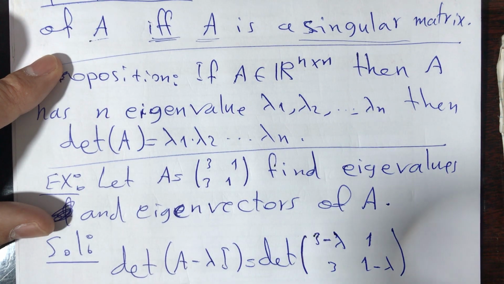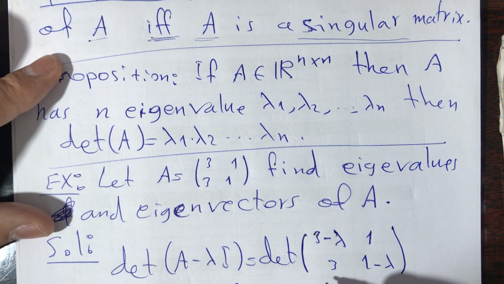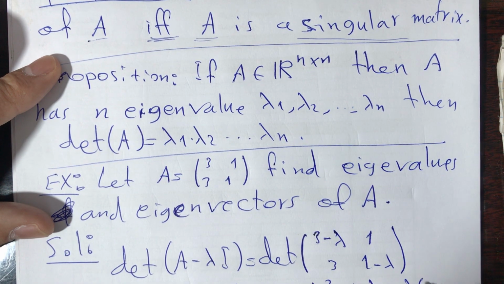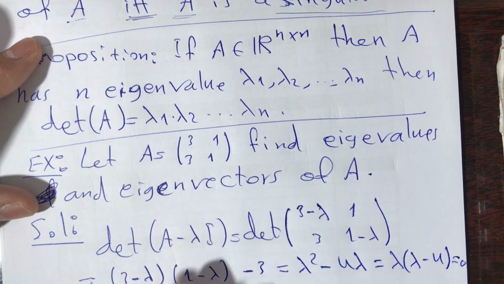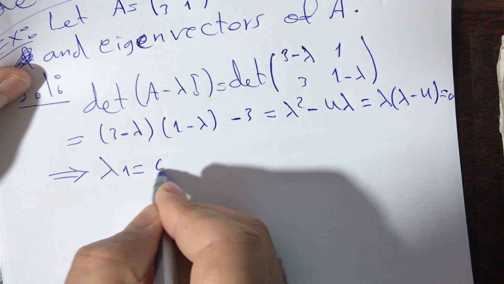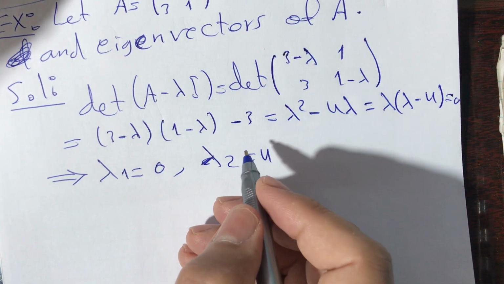So this will be equal to 3 minus lambda times 1 minus lambda minus 3. This is equal to lambda squared minus 4 lambda, which is lambda times lambda minus 4. Setting this equal to 0, we find lambda 1 is equal to 0 and lambda 2 is equal to 4.